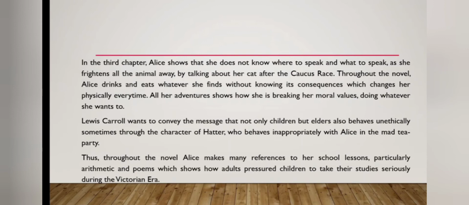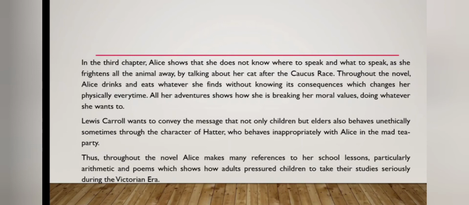Lewis Carroll wants to convey the message that not only children but elders also behave unethically, sometimes, through the character of the Hatter, who behaves inappropriately with Alice at the Mad Tea Party. Alice also makes many references to her school lessons, particularly arithmetic and poems, which shows how adults pressurize children to take their studies seriously during the Victorian era.